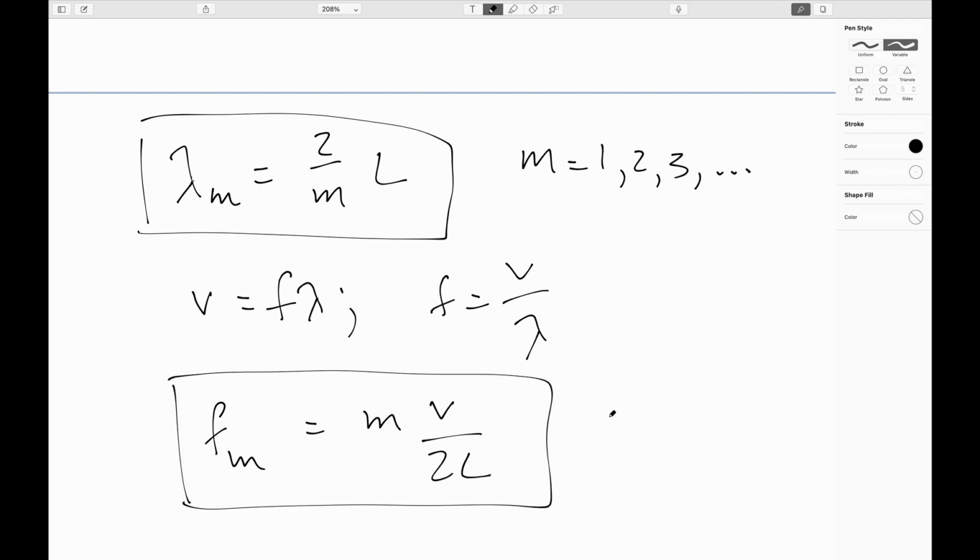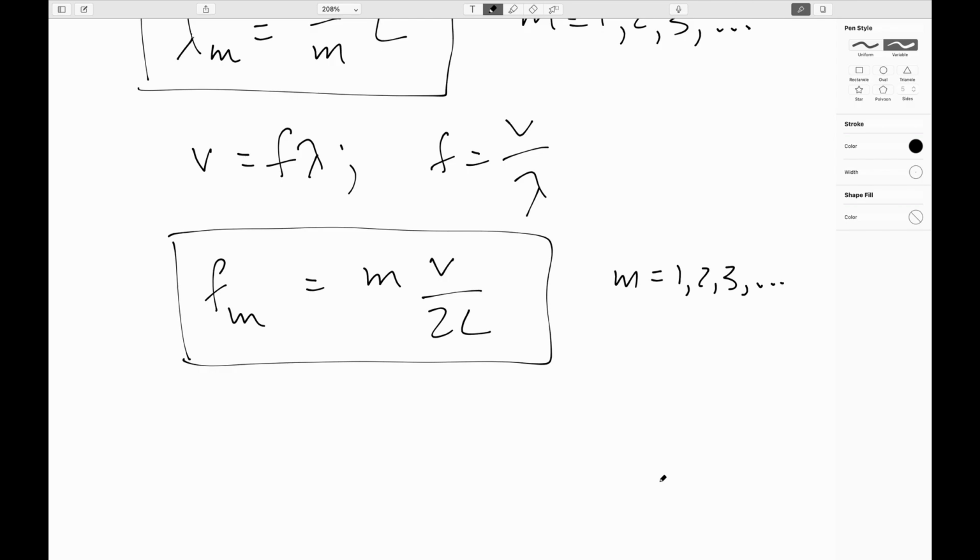And again, m could be any possible integer, 1, 2, 3, and so forth. So the frequency of the fundamental is just going to be this v over 2L right here, because remember, for the fundamental, m would just be 1.